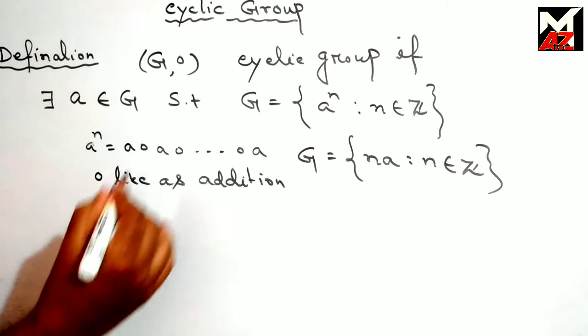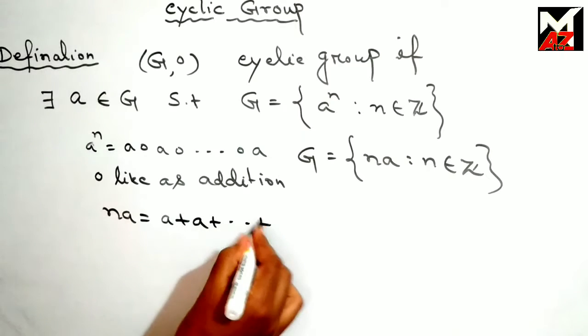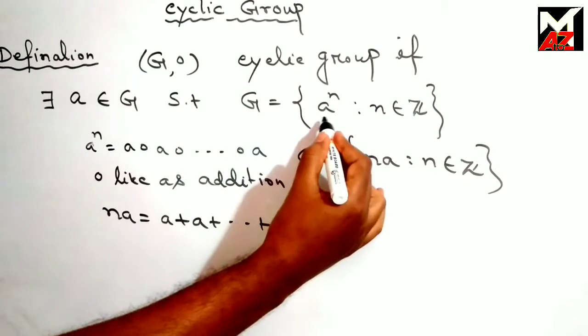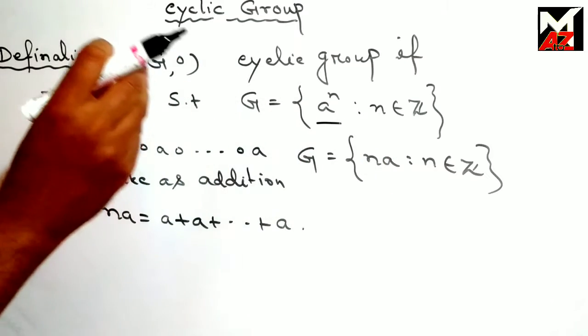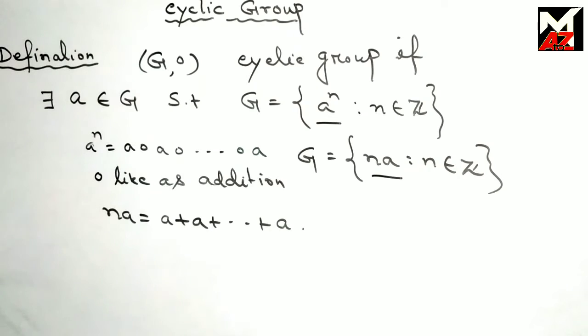That is, here na is equal to a plus a, n times, and this is the definition of cyclic group. Here we consider the operation as multiplication, and here we consider the operation as addition.